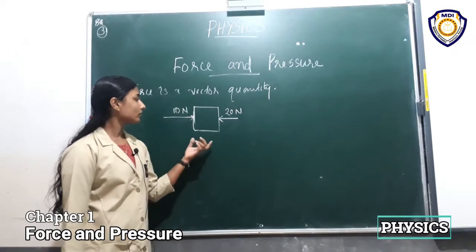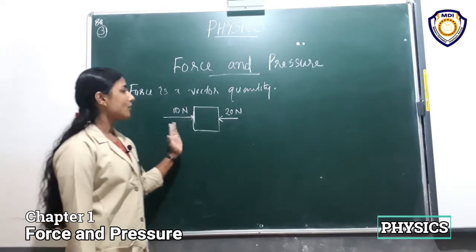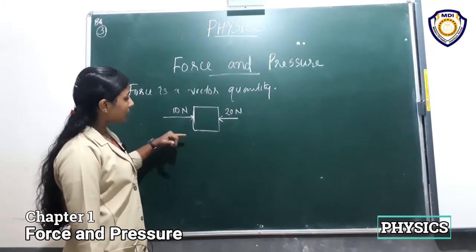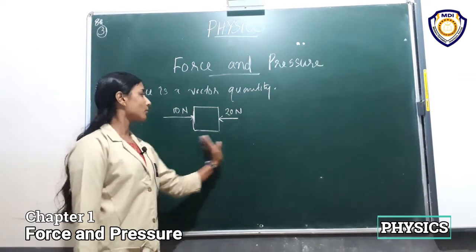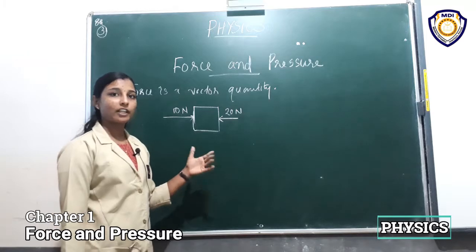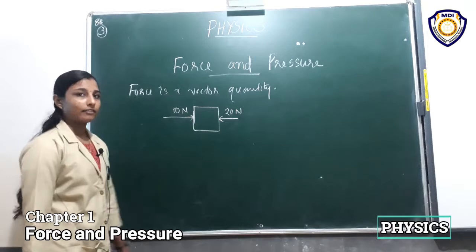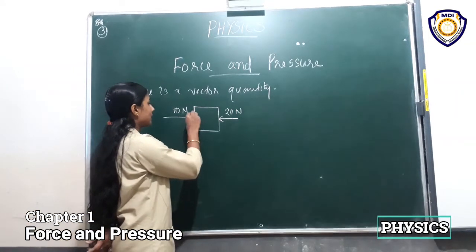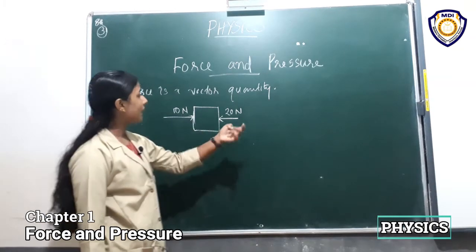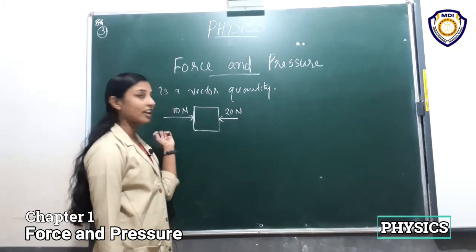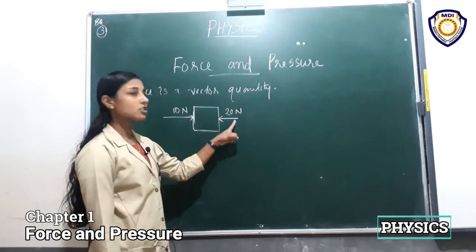Can you say how the box moves? Does it move in this direction, or does it move in this direction? What will be the direction of movement? Here the magnitude of force in this direction is 10 Newton, and the force applied in the opposite direction is 20 Newton.